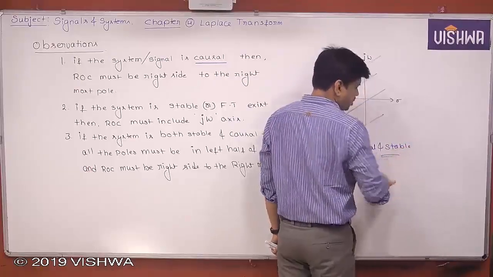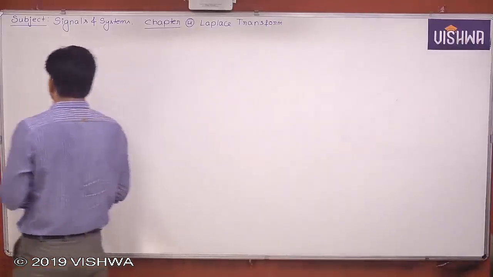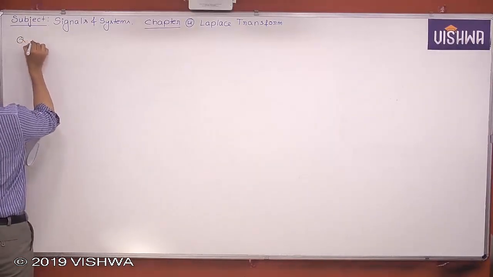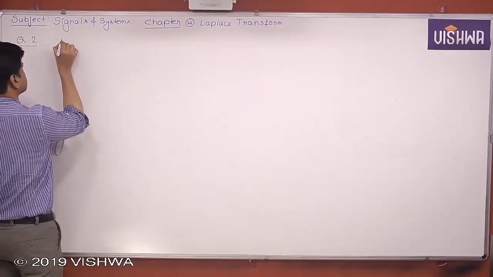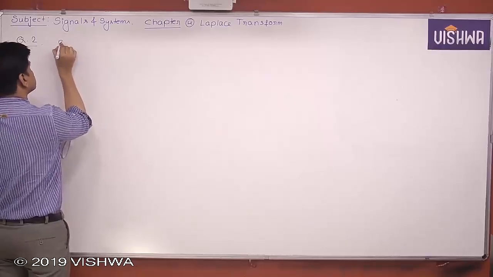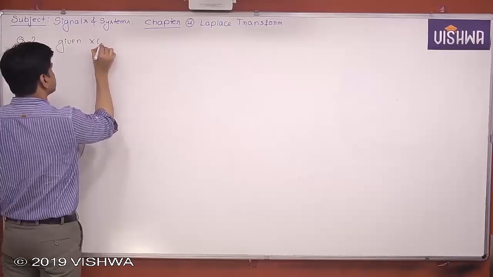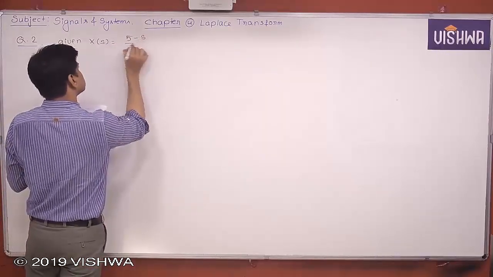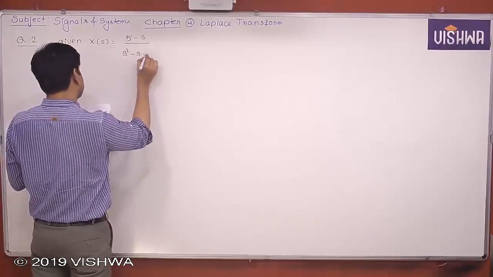Okay, please make a note. Given X of s is equal to 5 minus s by s square minus s minus 2.